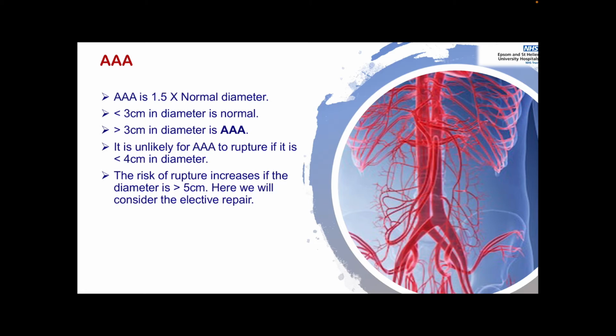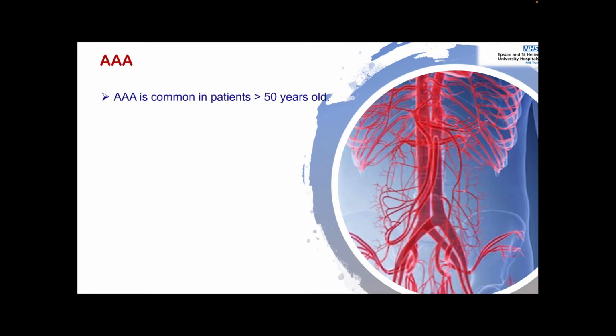The risk of rupture increases if the diameter is more than 5 centimeters. When we see more than 5 centimeters and the patient is not in a severe condition or hemodynamically unstable, there should be an elective surgical repair. We consider the surgical opinion through the vascular surgeons. AAA is common in patients more than 50 years old, and males are affected more than females.